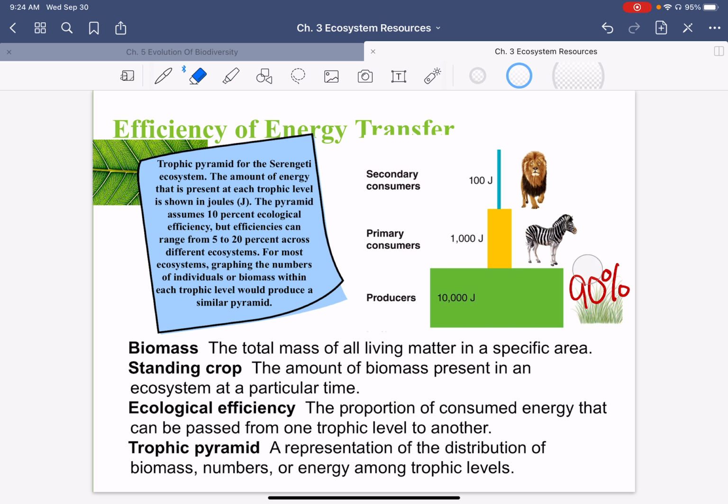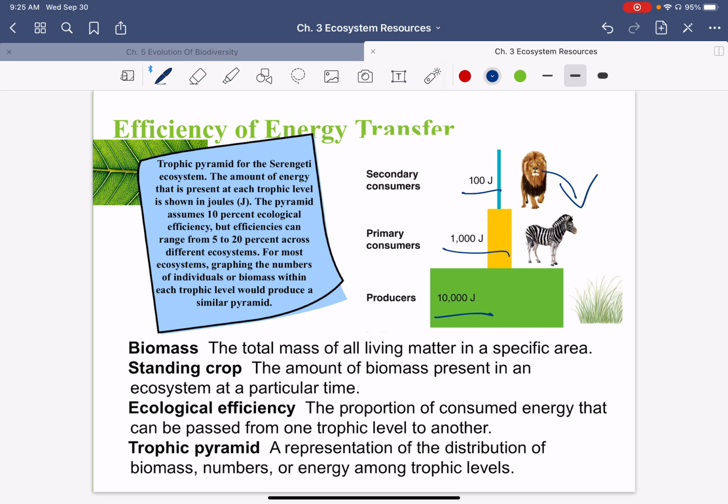You should be skeptical of those nice round numbers, but for our purposes and what they'll accept on the exam, those numbers work. So if you have 10,000 joules of available energy in producers, the zebras are only going to be able to really use about 1,000 of those. The lions are only going to be able to use about 100 of those. So what that means is to get the same amount of calories that the zebra is getting, the lion is going to have to eat 10 zebras.